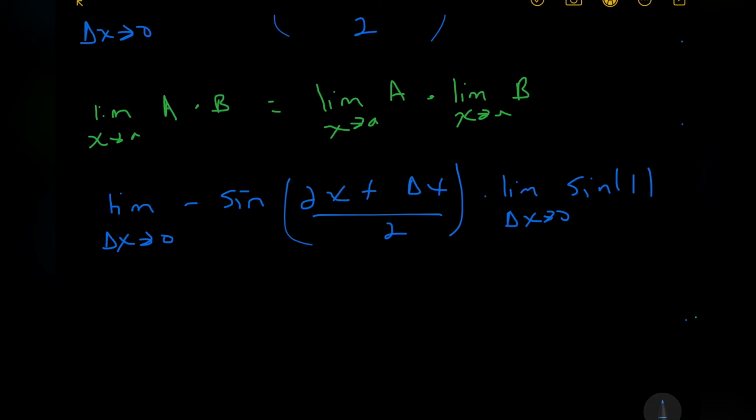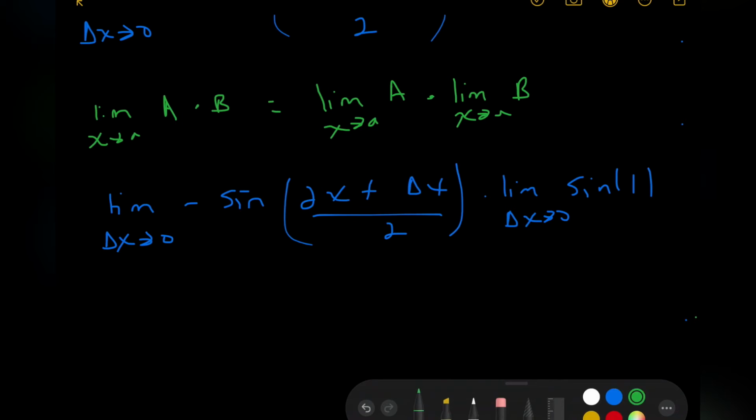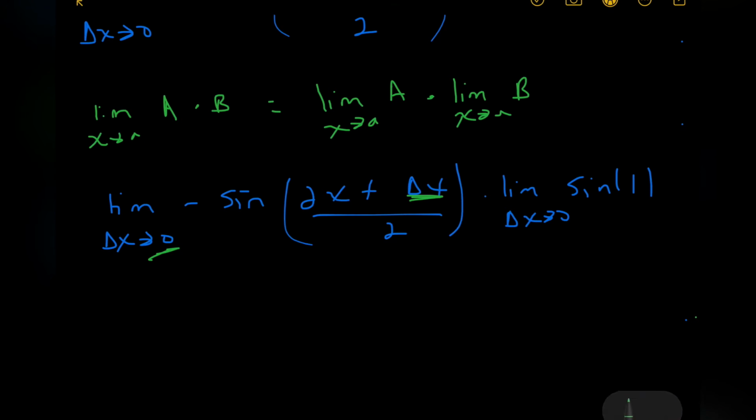For the first function, if we directly substitute 0 for delta x, we will have negative sine 2x plus 0 over 2.